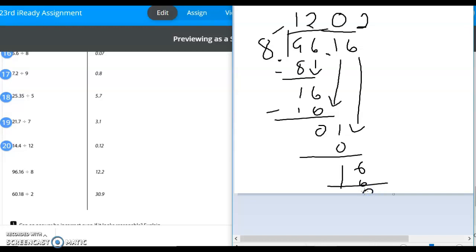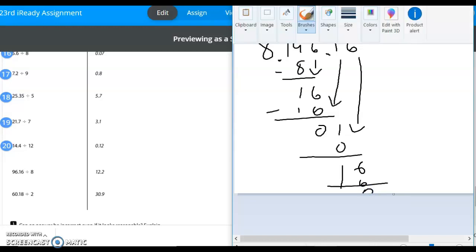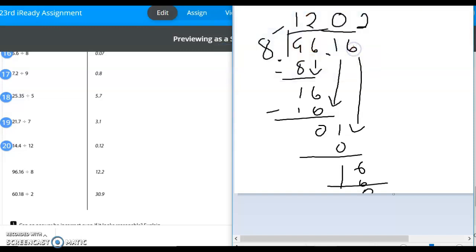Now, you may be tempted, as I said before, to just move your decimal straight up. For you to do that, that means that this number here always has to be a whole number. And it means that you had to perfectly align these numbers right here with these numbers right here.